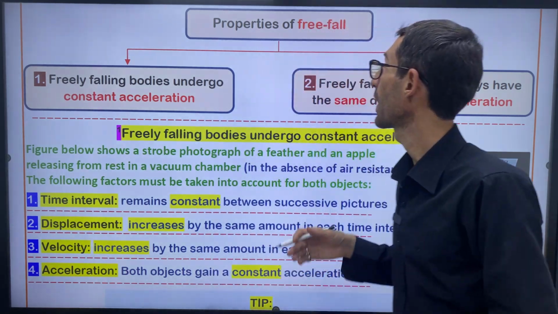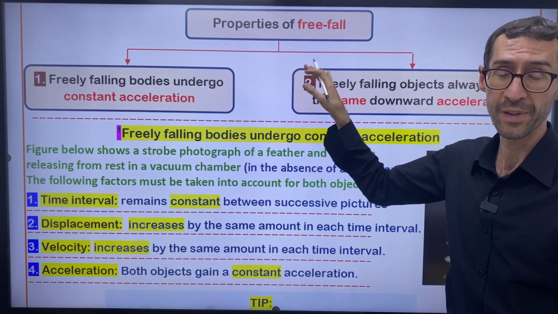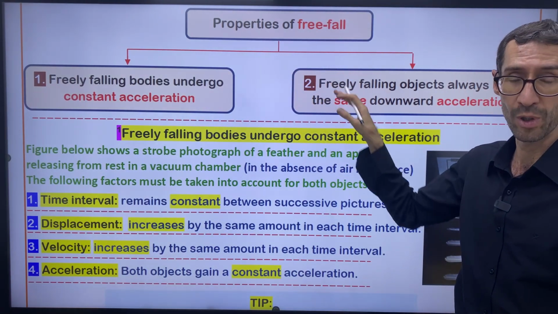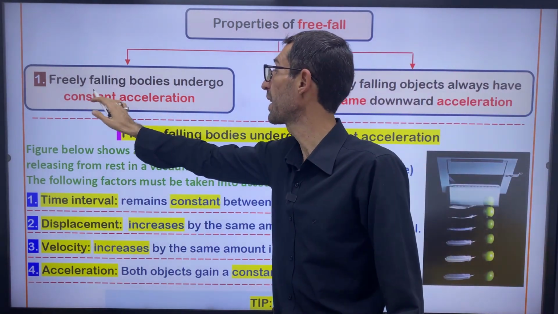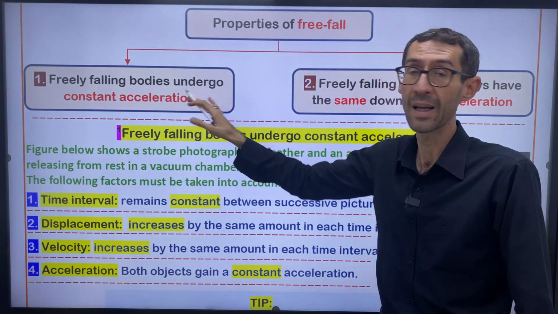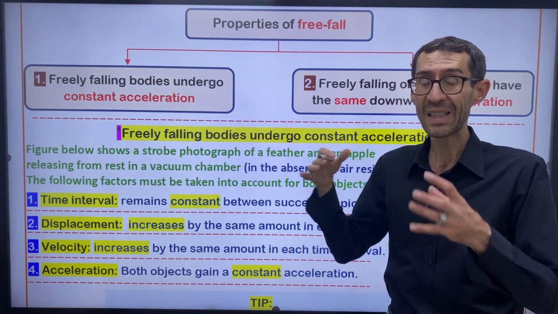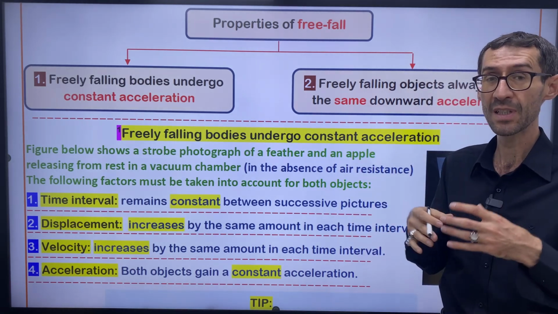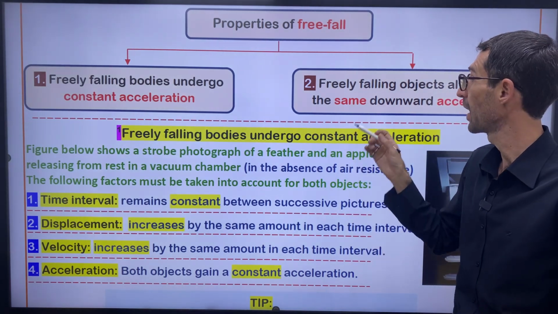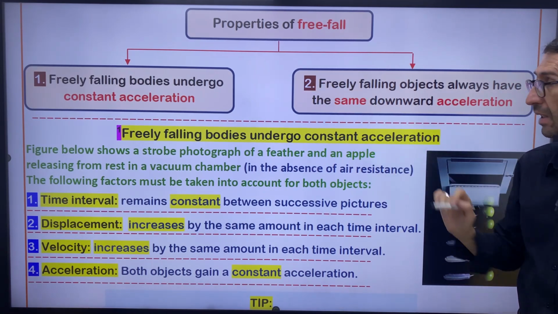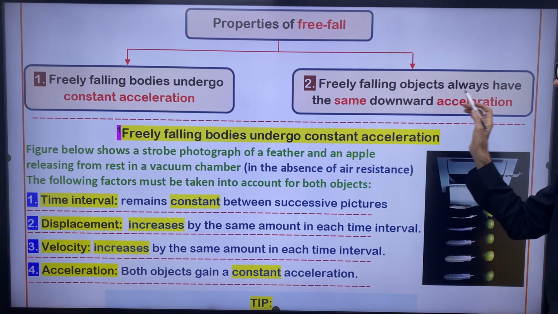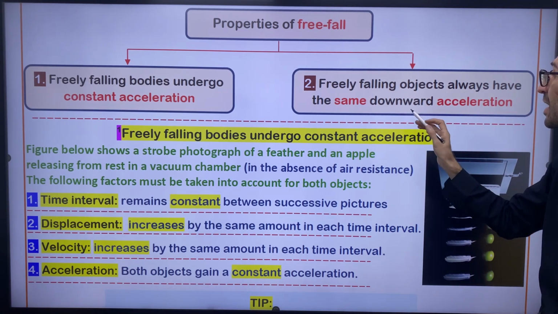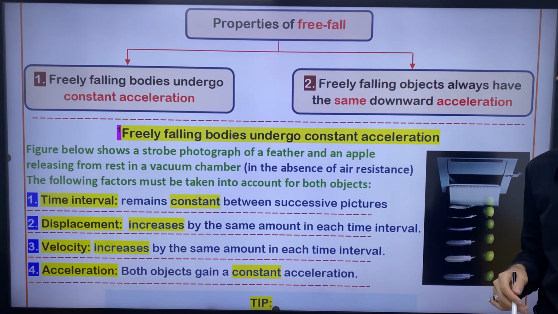Right. And for free fall, there are two properties in our textbook. Let me read them for you. Properties of free fall. Number one, freely falling bodies undergo constant acceleration. So they experience constant acceleration. This is the first property. The second property, freely falling objects always have the same downward acceleration.